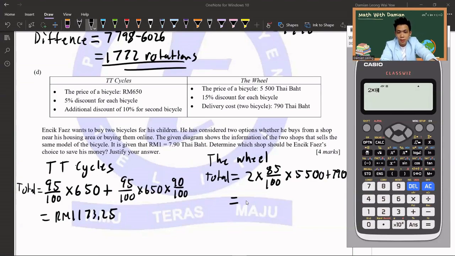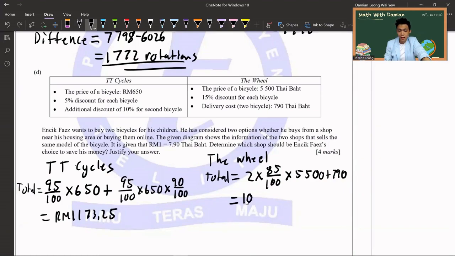So 2 times 85% times 5,500 plus delivery 790. So it's 10,140, but this is in Thai baht.